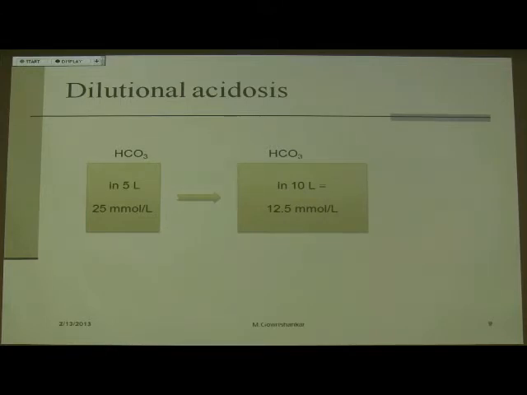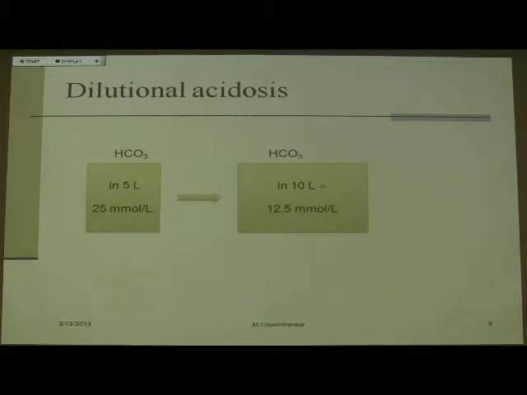So if you have bicarbonate in 5 liters of blood as 25 millimoles per liter, that's the concentration. And now if you expanded that volume to 10 liters, or twice as much, the bicarbonate concentration is going to fall by 50%. That's just pure math. It doesn't happen exactly like that, but you will see some amount of decrease because of dilution.